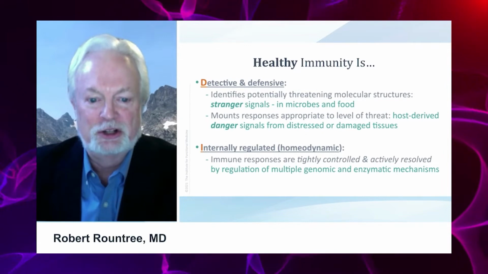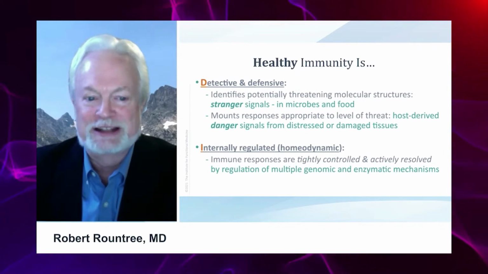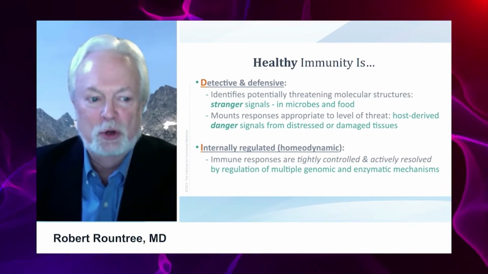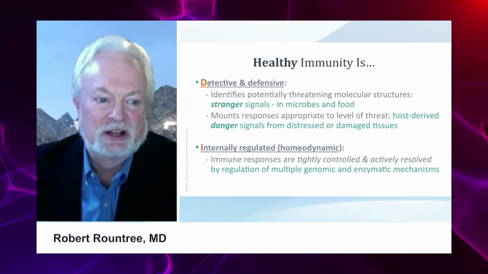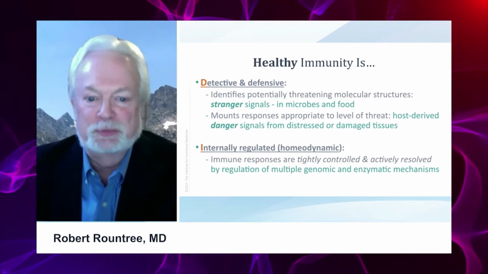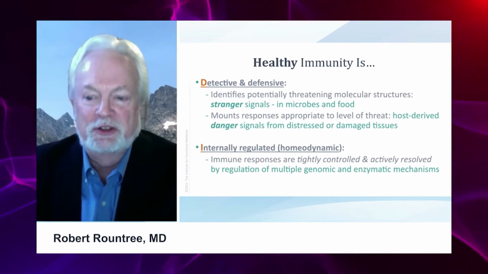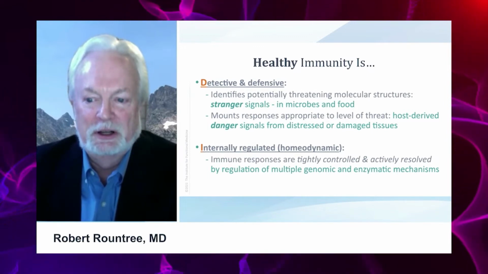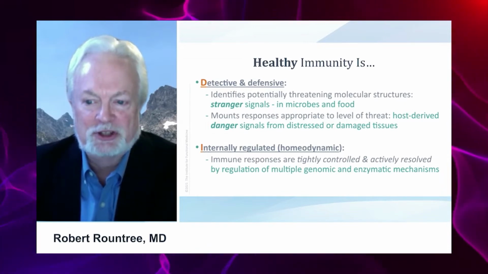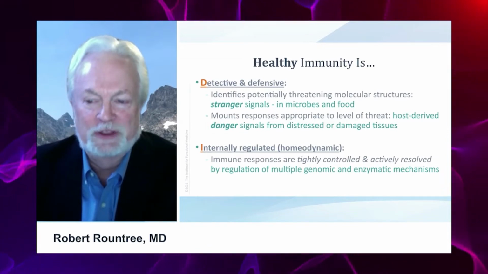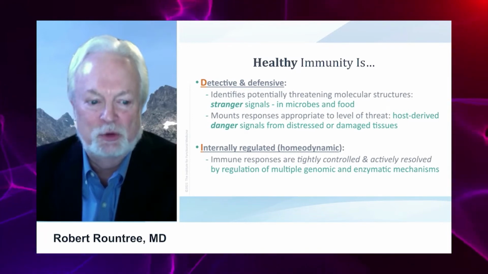These are molecular structures that are released by distressed or damaged tissues. What that basically does is allow the immune system to mount a response that's appropriate to the level of threat. If there's a stranger but no threat, then the immune system simply goes on alert without reacting, and that's exactly what you want.